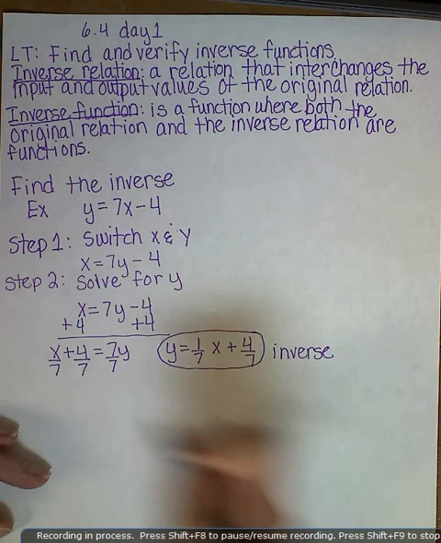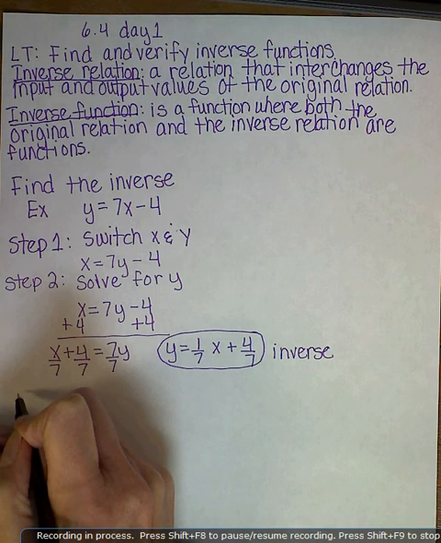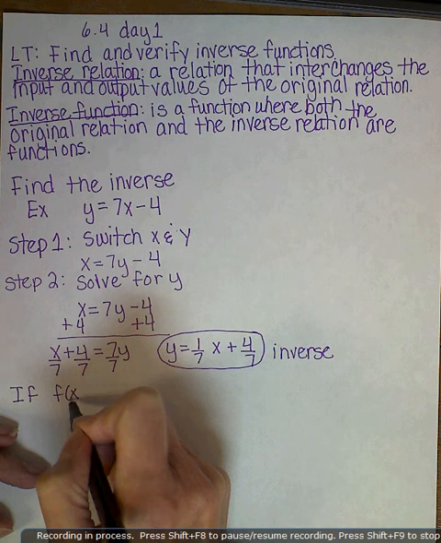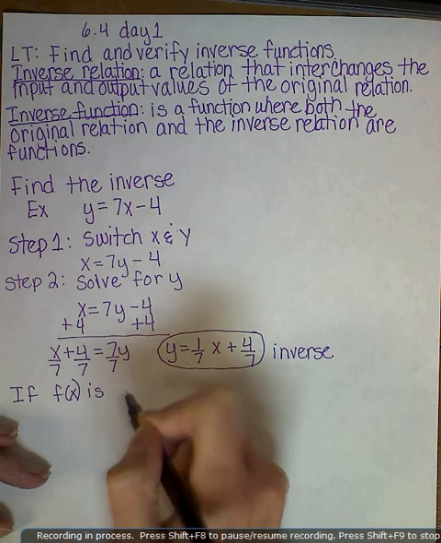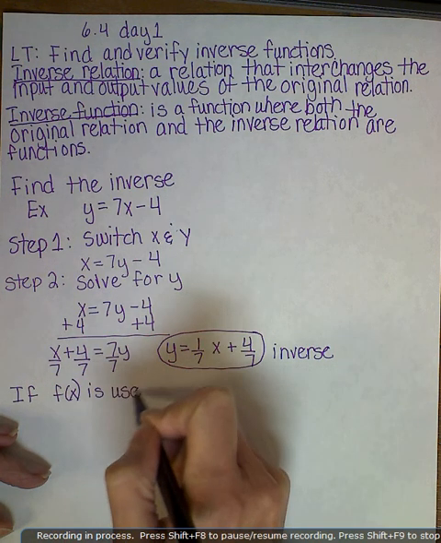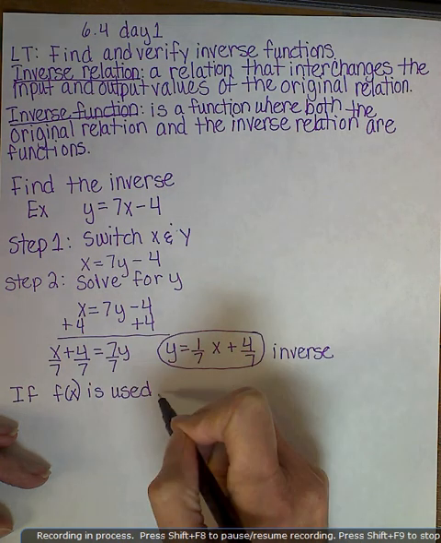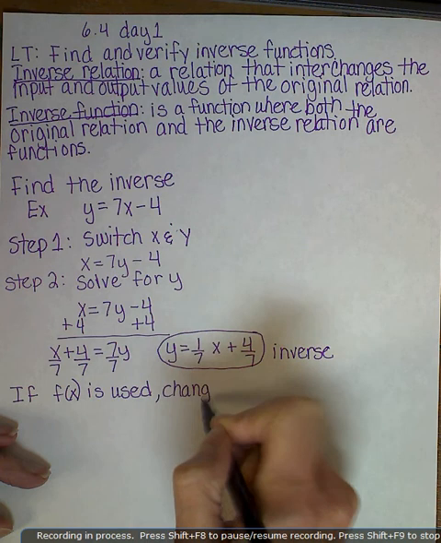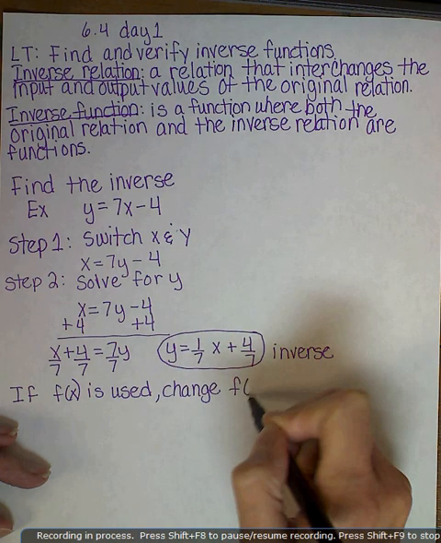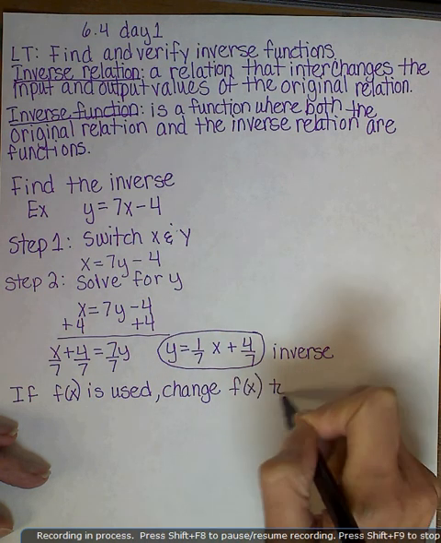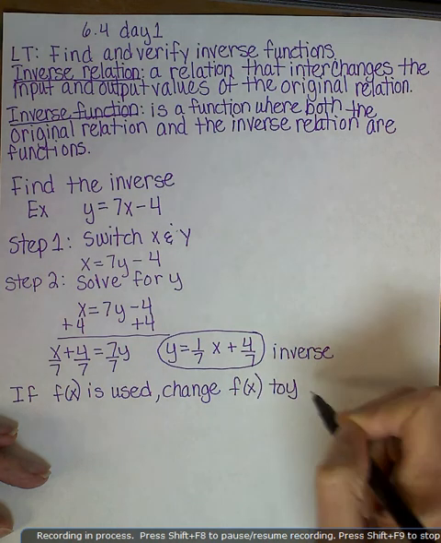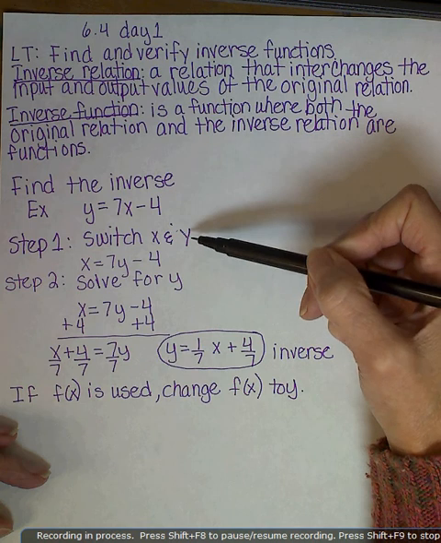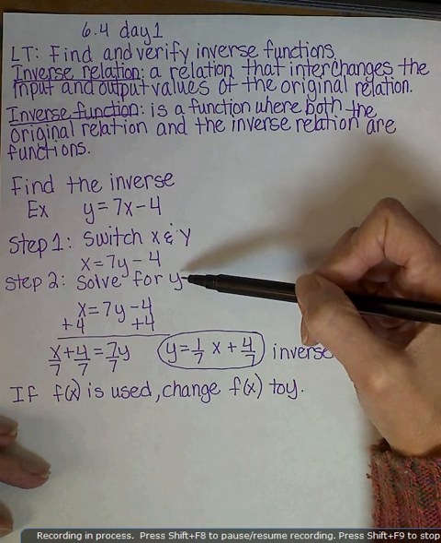Now sometimes you start your problem with f of x instead of y. So then the first step here will be to change the f of x to the y. Okay, and so then after you do that, you're going to switch x and y, and then you're going to solve for y.